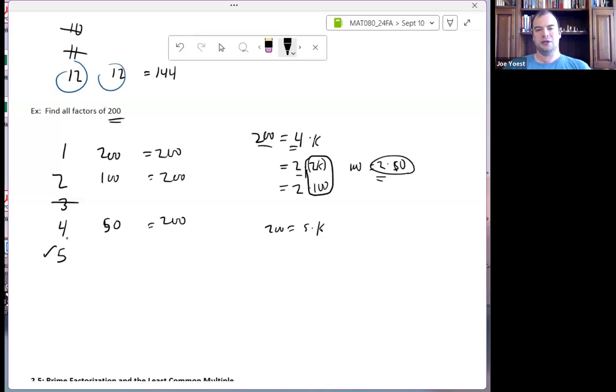I don't have a whole lot to go on here, so let's just do long division. 200 divided by 5, 5 goes into 20 4 times. 4 times 5 is 20, leaving me with 0 left over. I bring down my 0 ones. 5 goes into 0 how many times? 0. 0 times 5 is 0. So 5 times 40 is 200.